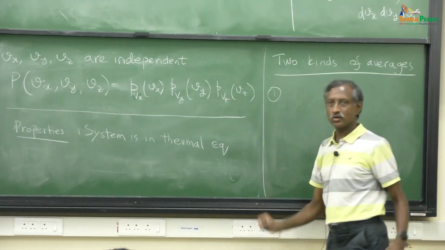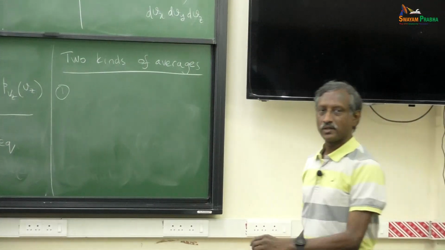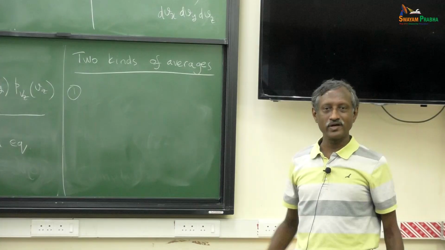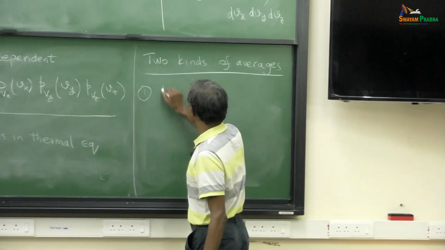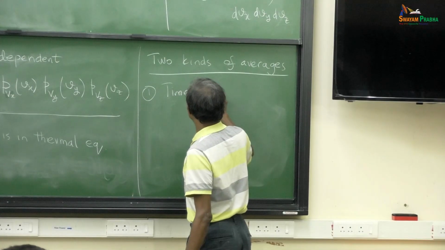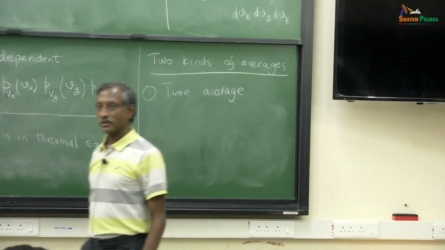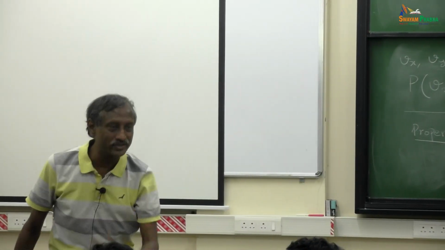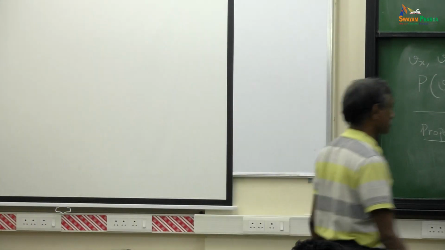The first one is you pick a particle and keep following it and checking its velocities. The system is jolly well doing whatever it's doing, with collisions happening, etc. We can do a time average. That means you pick a particle and follow it, and suppose you want the mean velocity, find its velocity with time and average. So you do this.